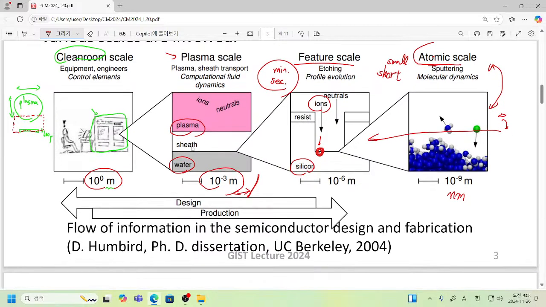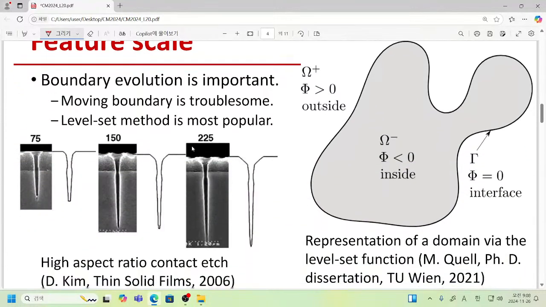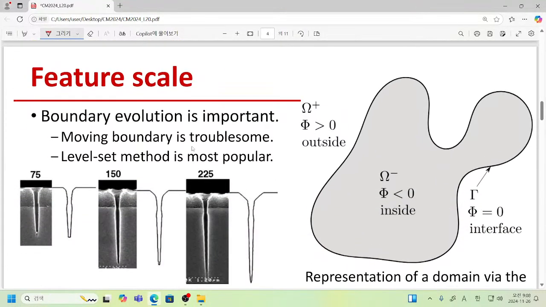But today what I want to talk about is not this very rigorous simulation. First of all, let's think about feature scale. Feature scale here means the size of the actual pattern we want to see. Not the pattern in our facility or plasma or atomic scale, but the one we want to have on the wafer.